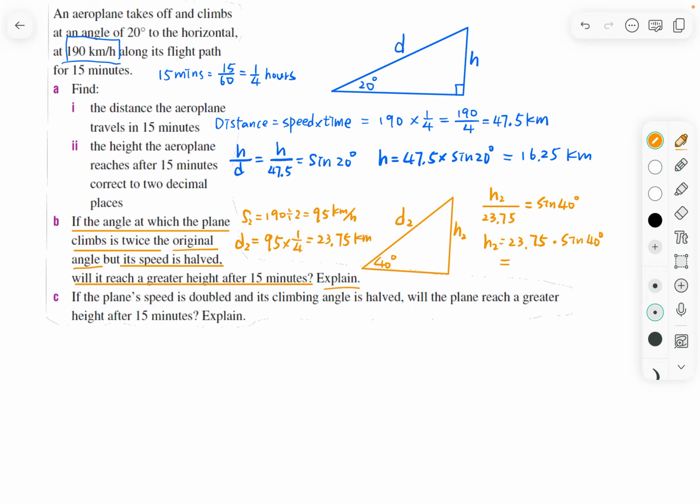So we get 15.27 kilometers. Therefore, answer is no. It will not reach a greater height after 15 minutes because the 15.27 kilometers is shorter than 16.25 kilometers.